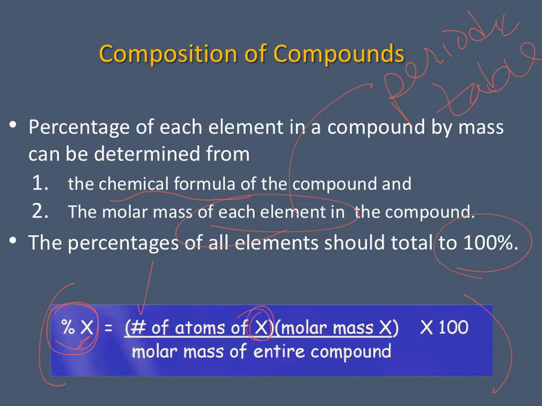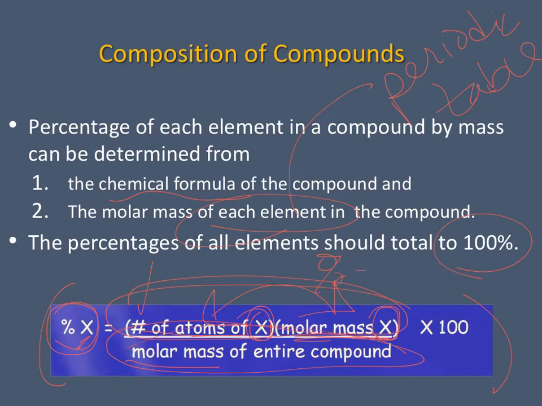Then you want to look at the periodic table at the average mass for that element. Multiply those by each other because each one of these elements has that mass, and then divide. So this would be your partial weight, and then in the denominator divide by the molar mass of the entire compound. So like anything that's percent, you have part over whole, right? And then of course times 100 to get the percent.